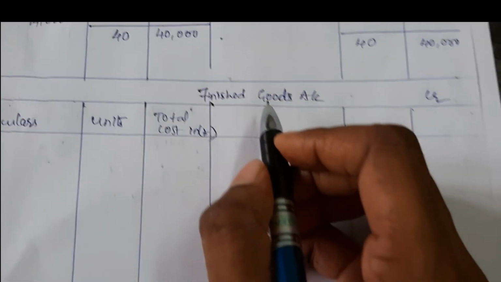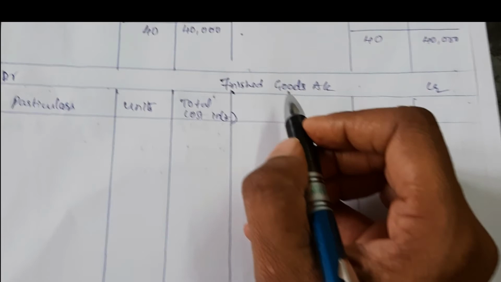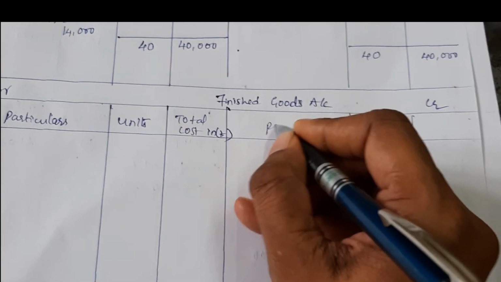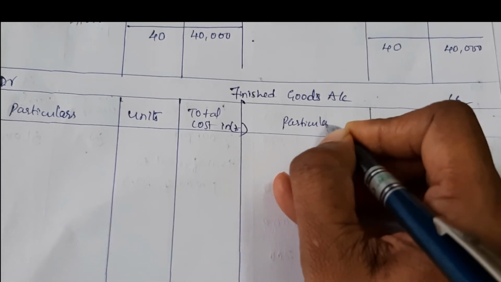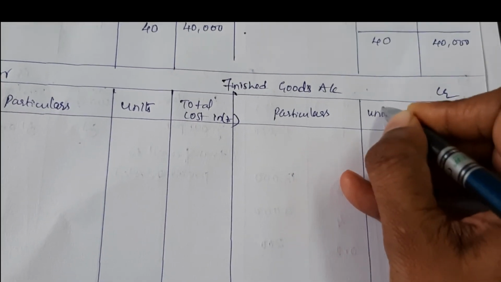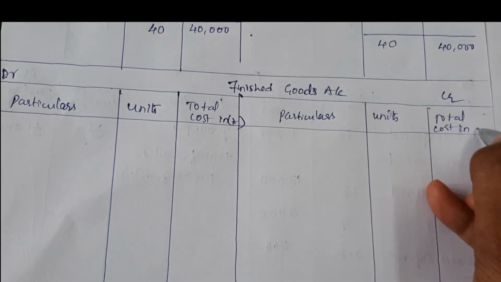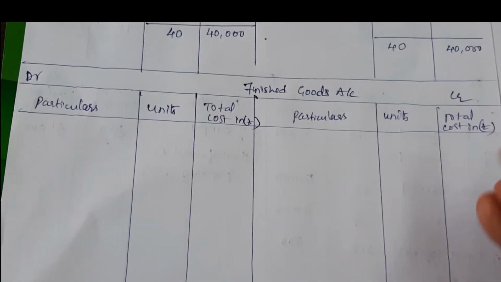Now we have to start the finished goods account. So debit and credit sides will be there, and particulars, total units and total cost in rupees.